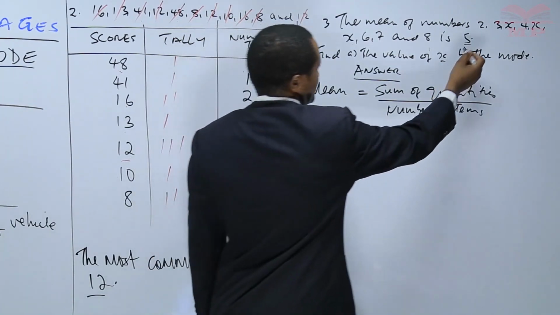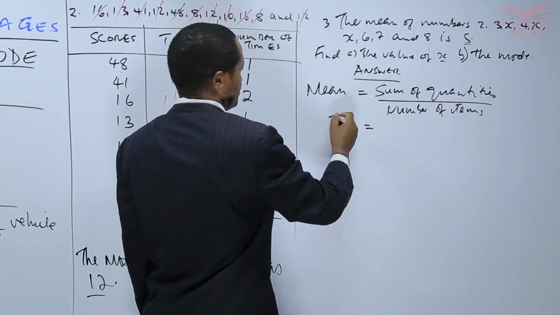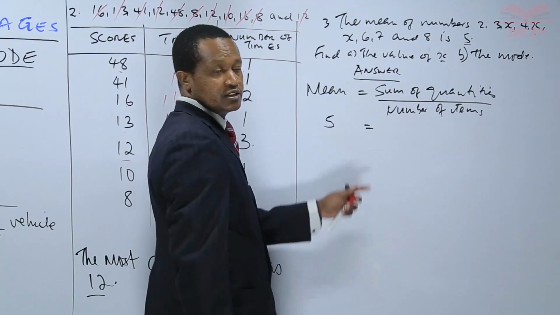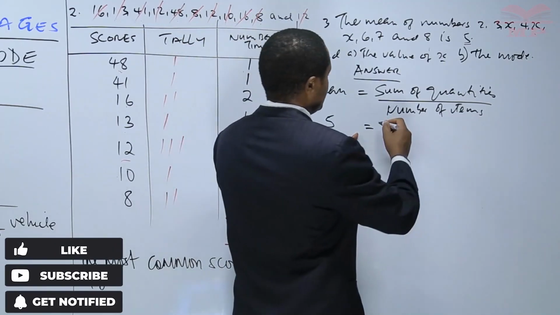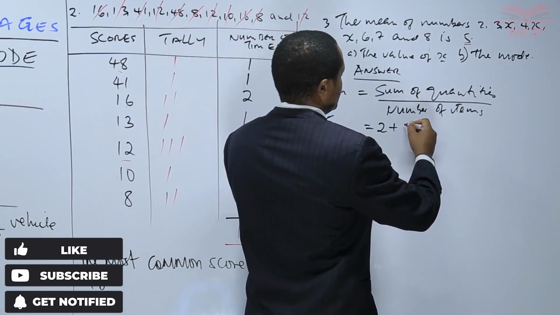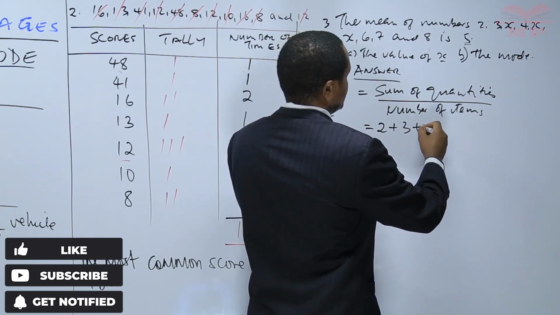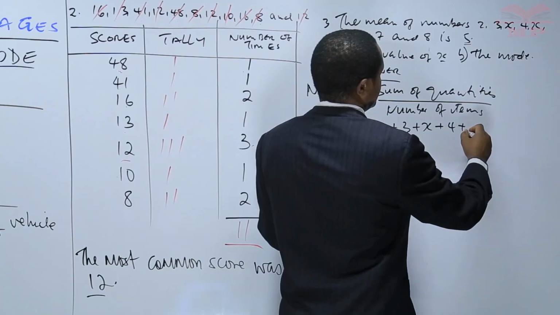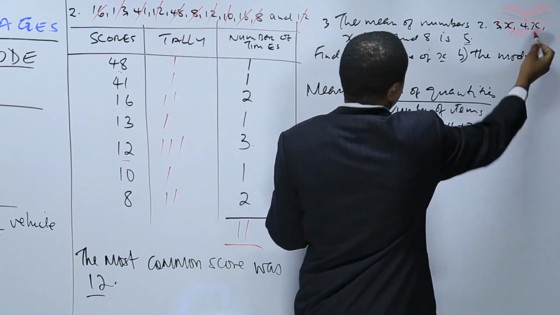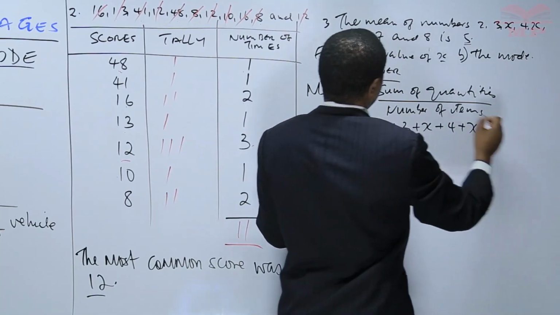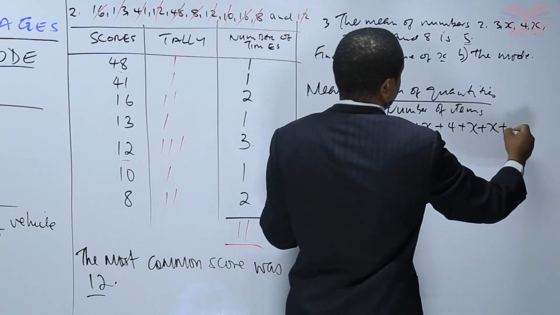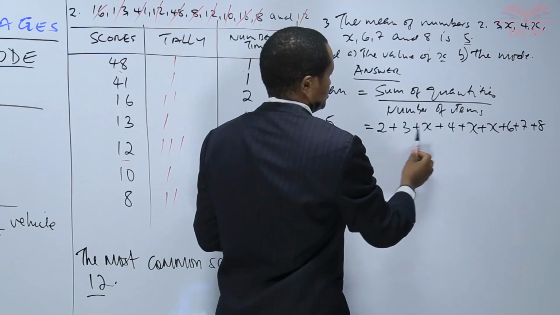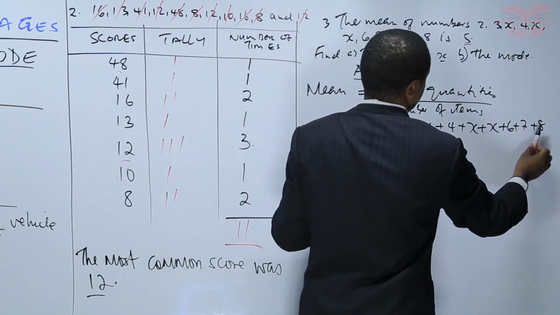The mean is 5, so we write here 5. Then the sum of quantities, we'll add the quantities, 2 plus 3 plus x plus 4 plus x plus x plus 6 plus 7 plus 8. 1, 2, 3, 4, 5, 6, 7, 8, 9.